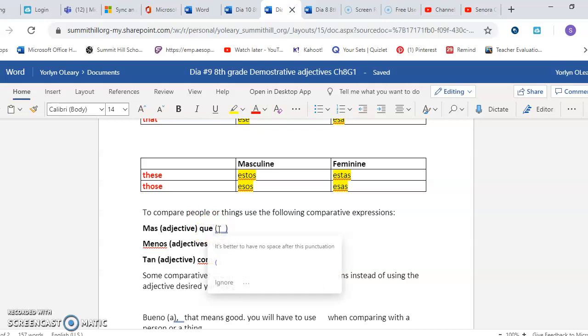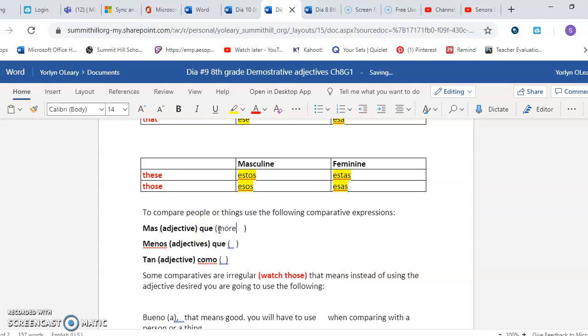So we have más, adjective que. What does it mean? Well, it means more, that will be the adjective, than, okay? So I could say adjectives: barato, caro, bueno, bonito, grande, alto, bajo, and so on.